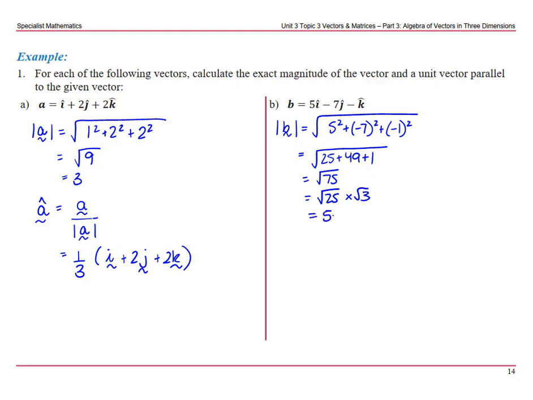So that's 5√3. Our unit vector b is going to be our vector divided by its magnitude. So that's 1 over 5√3 times the vector, which is 5i minus 7j minus k.